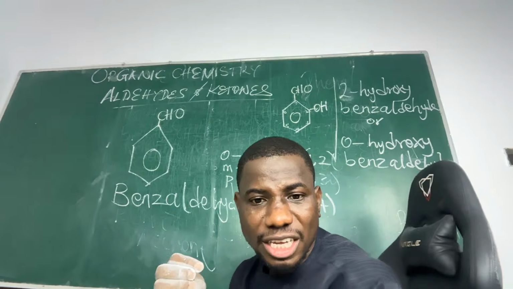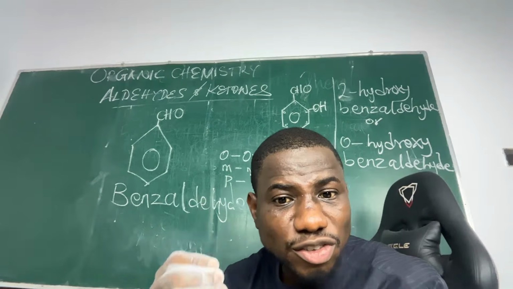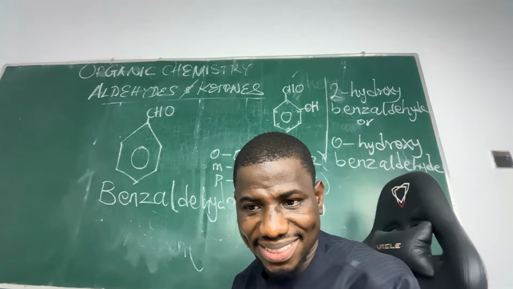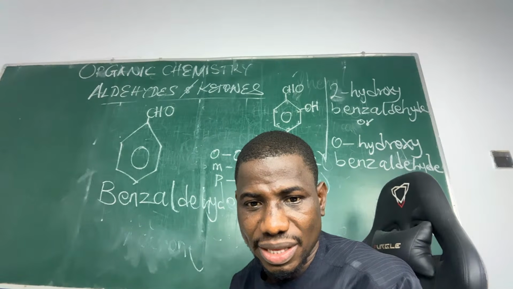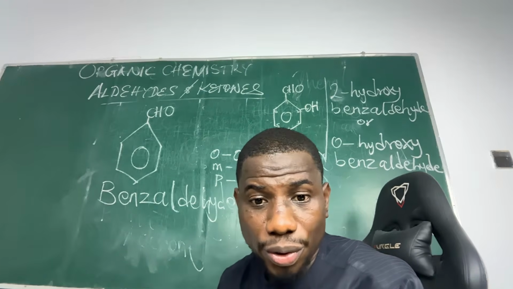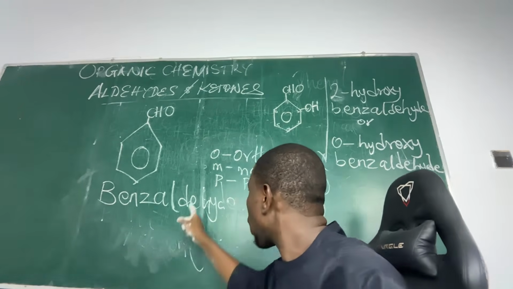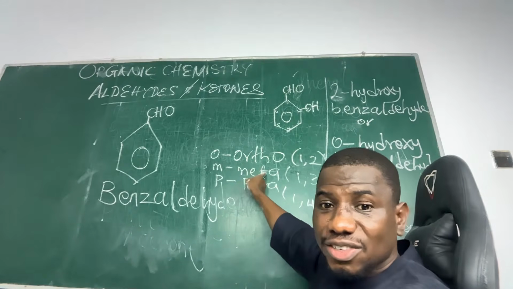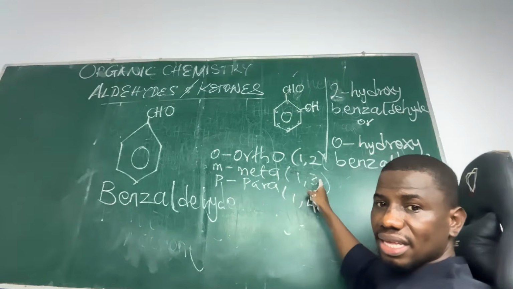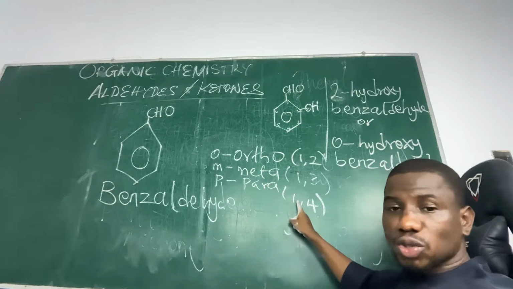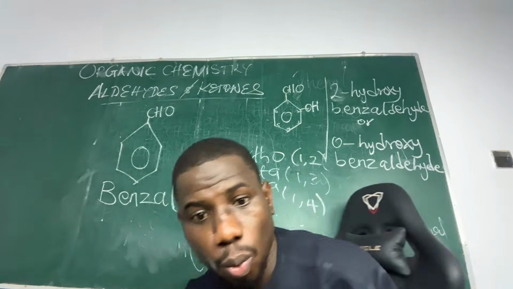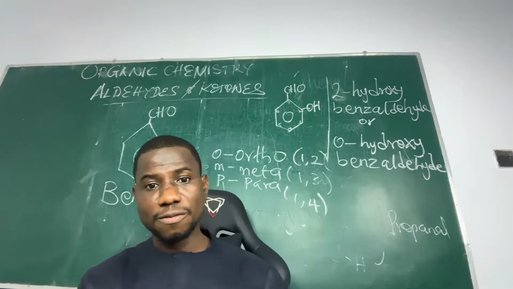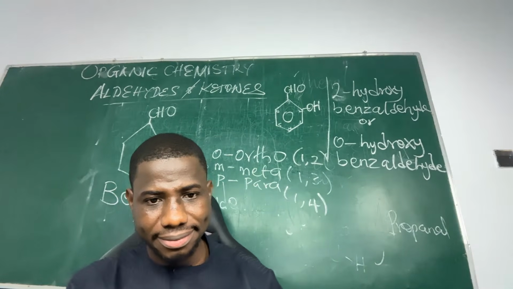Next point is that in a disubstituted benzene ring, ortho is used for position 1 and 2. Meta is used for position 1 and 3. While para is used for position 1 and 4. Ortho 1 and 2. Meta 1 and 3. Para 1 and 4. Okay.